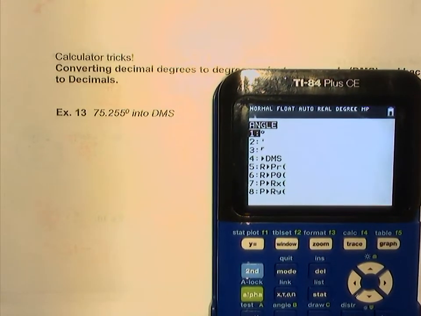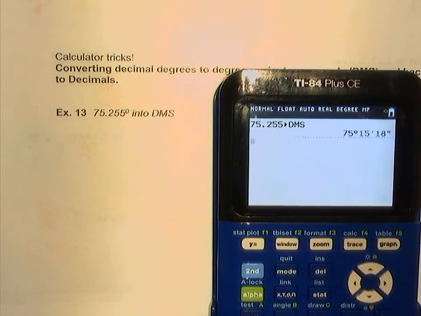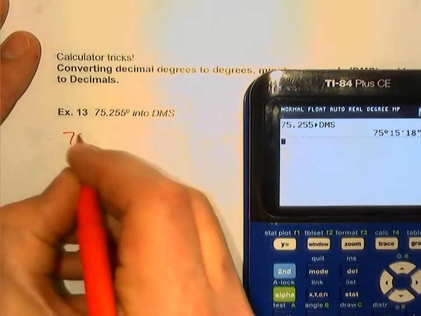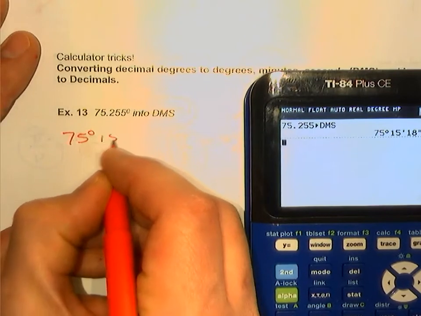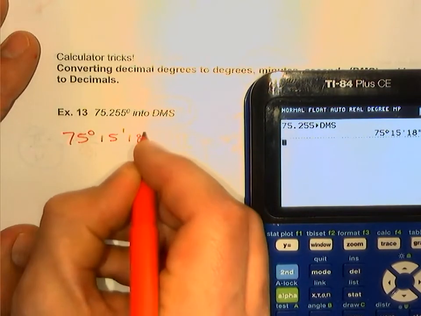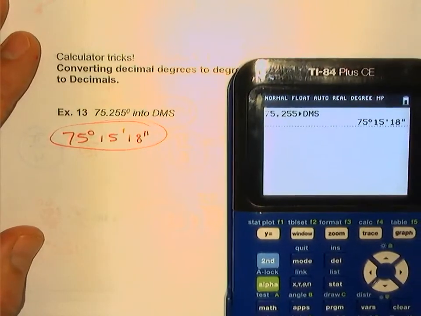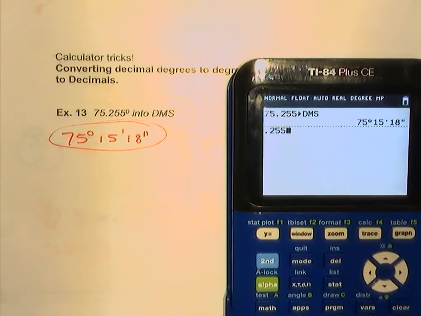Okay. And we want to convert this into DMS. So I go down to number 4 and press enter. It does it all for me. So I've got 75 degrees, 15 minutes and 18 seconds, with a double tick mark. Basically, they're taking this decimal, 0.255, and converting it into minutes.